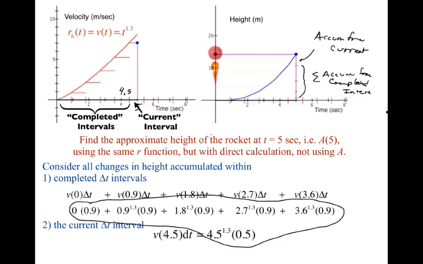This is a really important idea for building that one line, that one rule accumulation function. That's the idea of that one rule accumulation function. The sum of all the accumulation from completed intervals plus a little bit more accumulation from the partial interval, or the current interval.